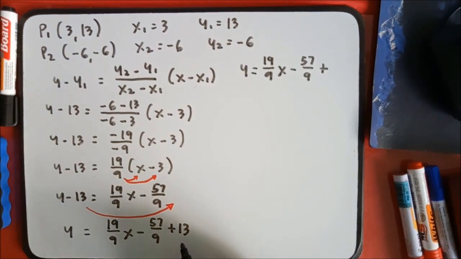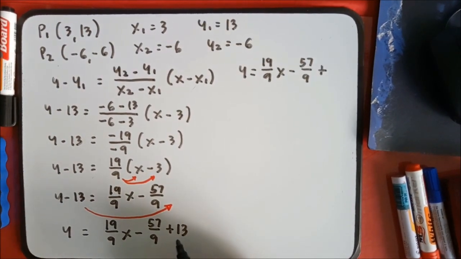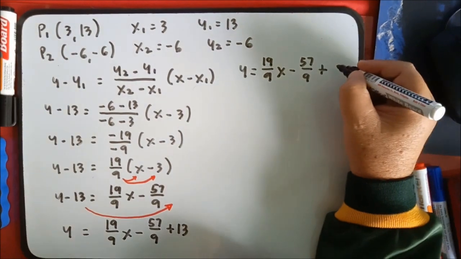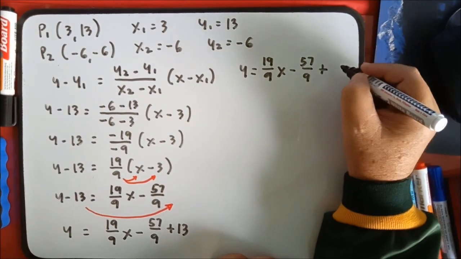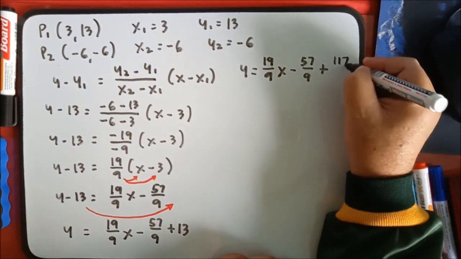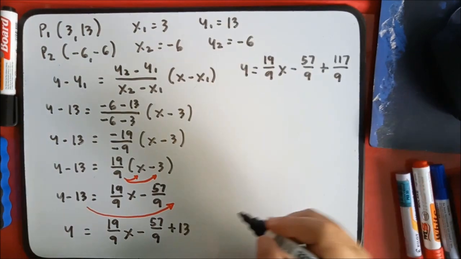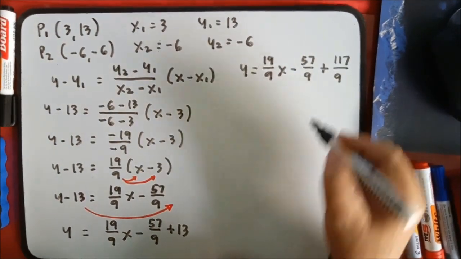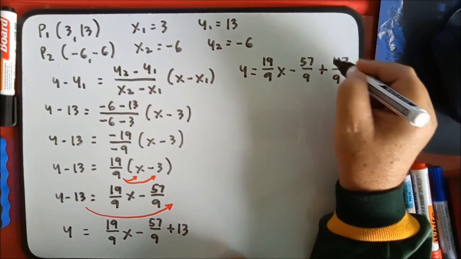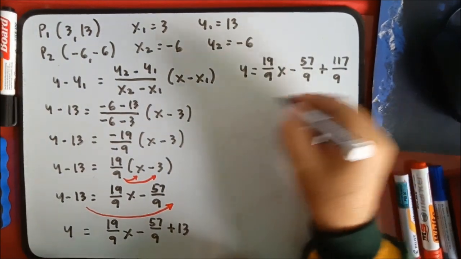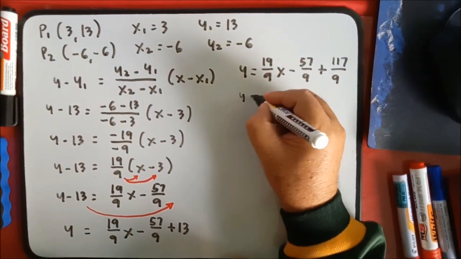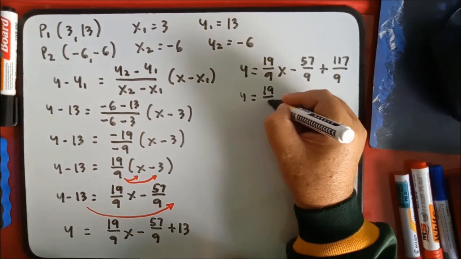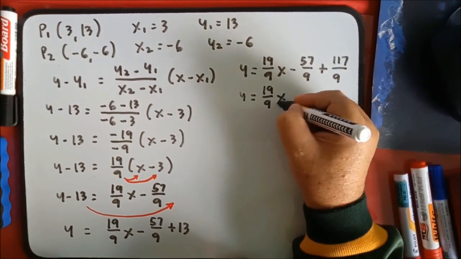How will you convert this to similar fraction? Multiply 13 times 9. This will become 117. Then retain the denominator of 9. Now you can combine similar fractions. What will become of your equation? y is equals to 19 over 9 x.